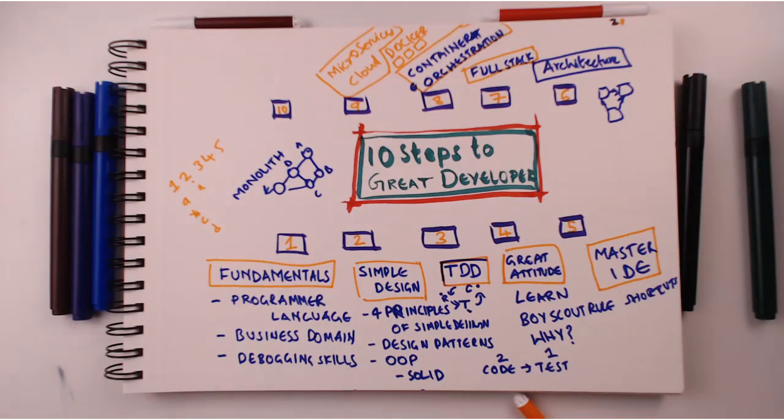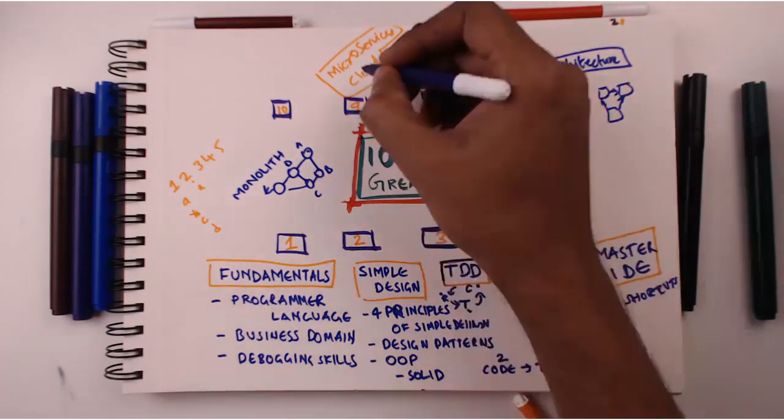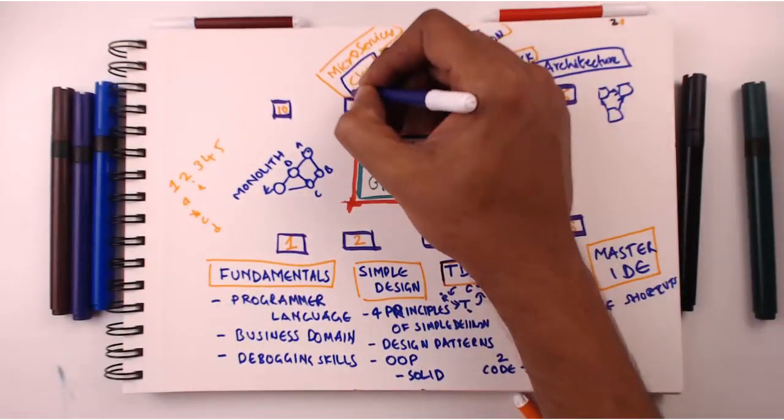Cloud also helps you in making sure that your applications are highly available, and also you can deploy it in multiple regions across the world. So because of all these reasons, microservices and cloud are becoming really, really popular, and I would think that in the next few years, it's all about cloud. So cloud is here to stay, and that's one of the most important skills to understand as a developer today.